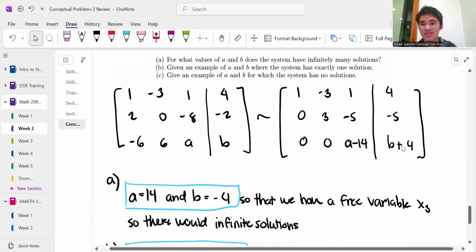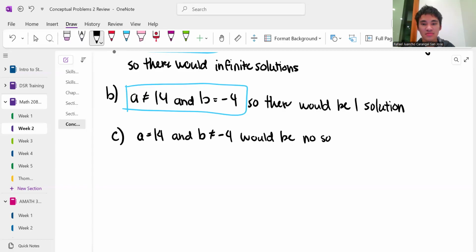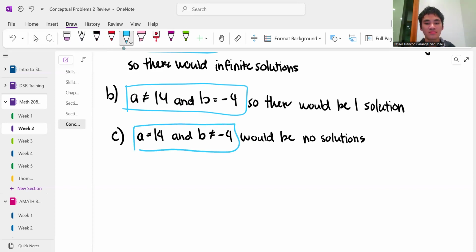If this entry here is non-zero, that would lead to no solutions, right? Great, I hope that makes sense. We have a couple more here, but that's fine.